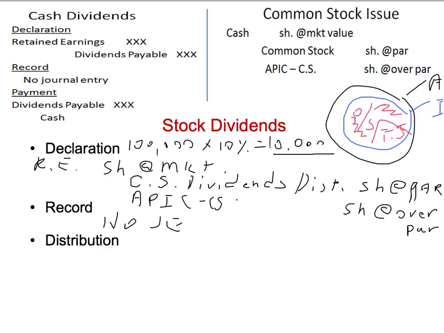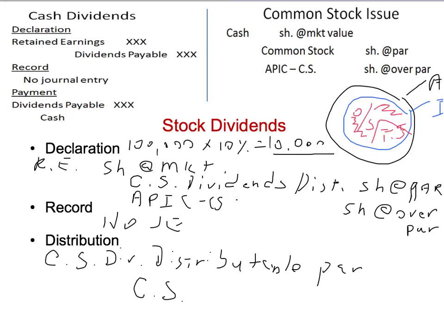So I will go ahead and debit common stock dividend distributable for the same amount, that's your par, identical 100% to your common stock issue. I will give you common stock, and it will be number of shares at par.